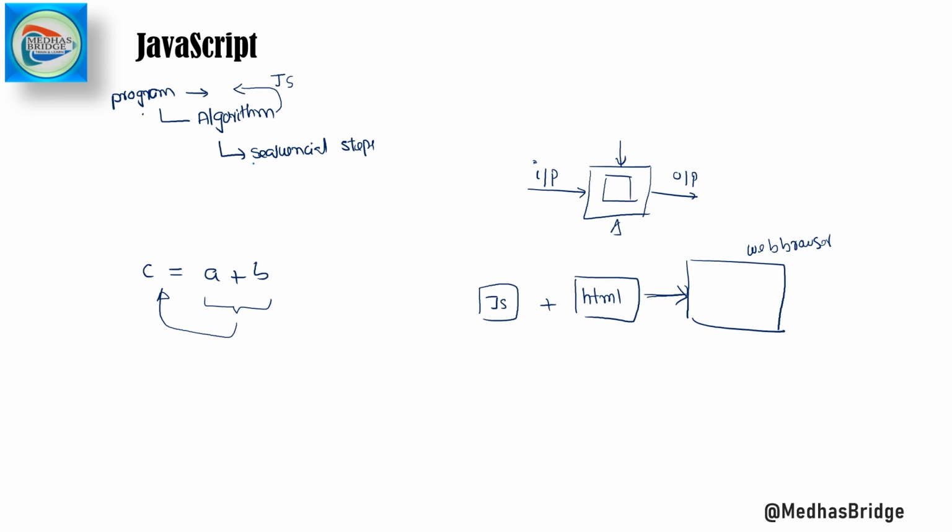It executes it and produces an output. The output would be displayed on your web page. It can be a console message, a pop-up message, or on the HTML screen itself.